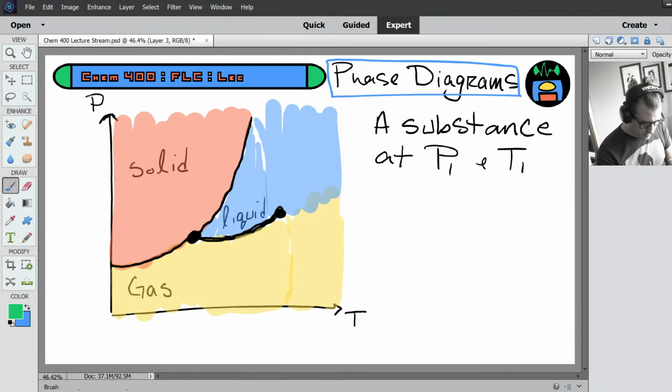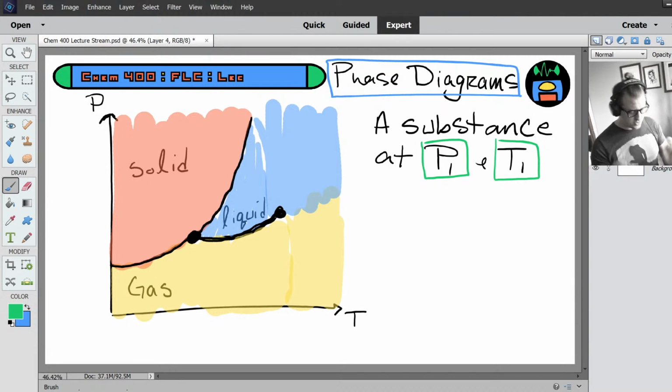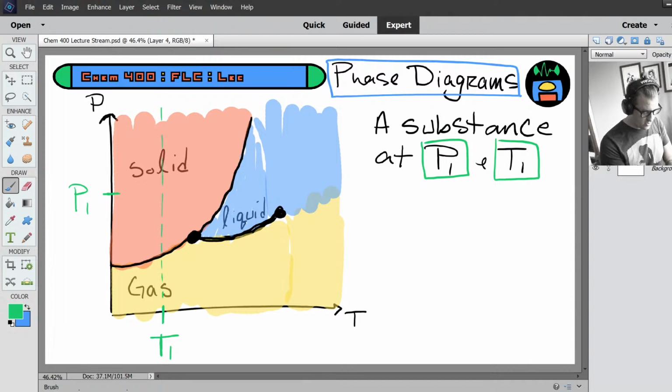I'm going to use green to highlight. Let's say that P1 is right here, and T1 is right here. To determine whether that substance was a solid, liquid, or gas at that pressure and temperature, all you have to do is see where that pressure and temperature intersect on your phase diagram.